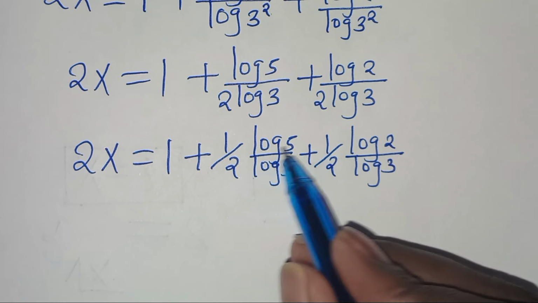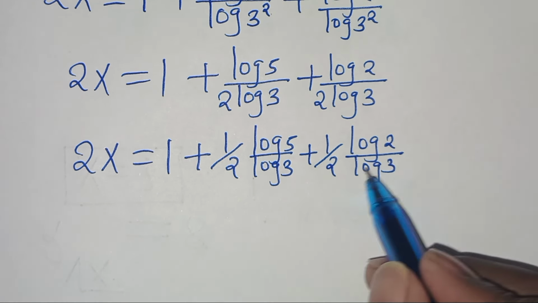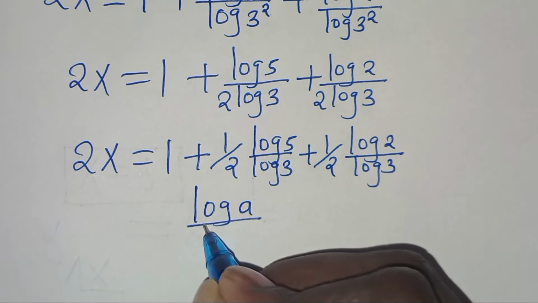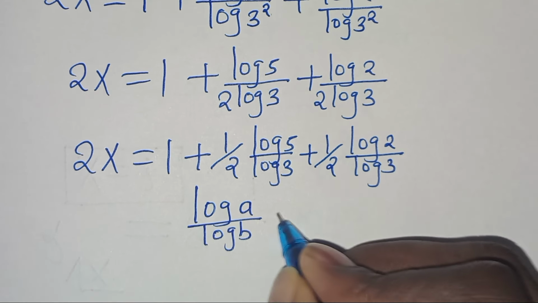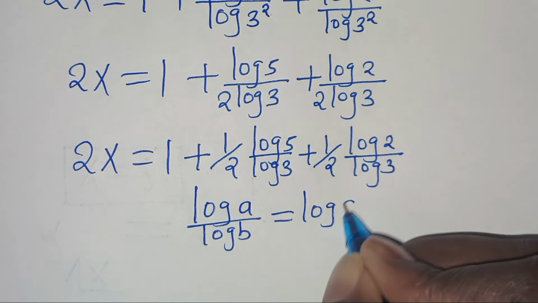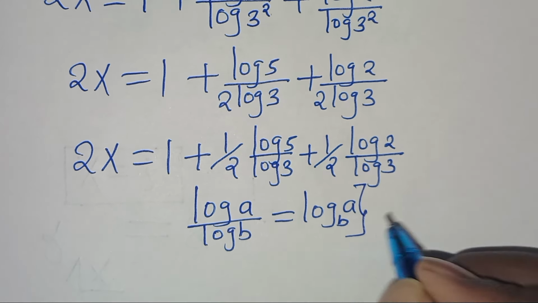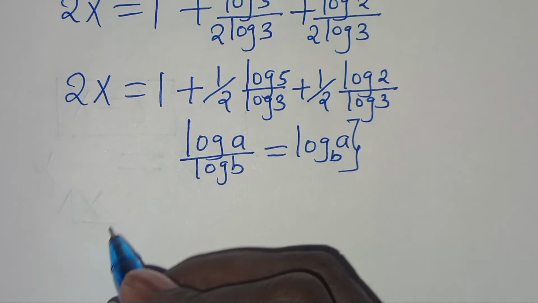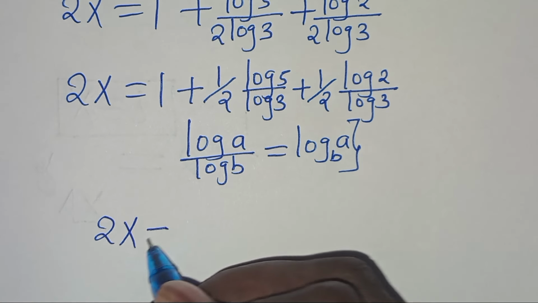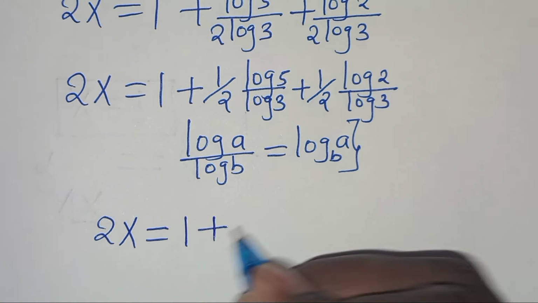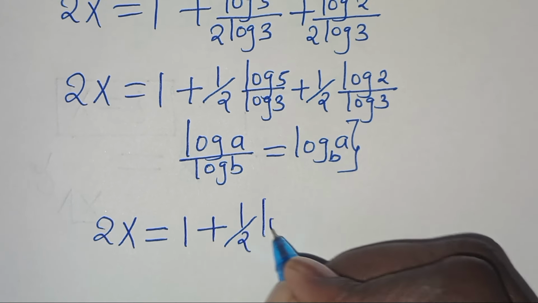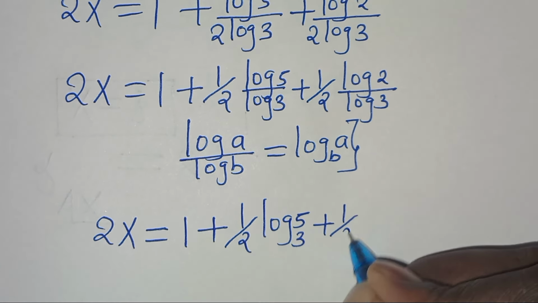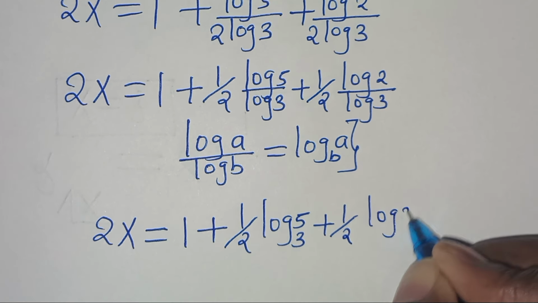Now we have that log 5 over log 3 and log 2 over log 3. This is in the form of log a over log b, which we can express as log a to base b. Applying this logarithm property, this implies that 2x is equal to 1 plus half log 5 to base 3, then plus a half log 2 to base 3.